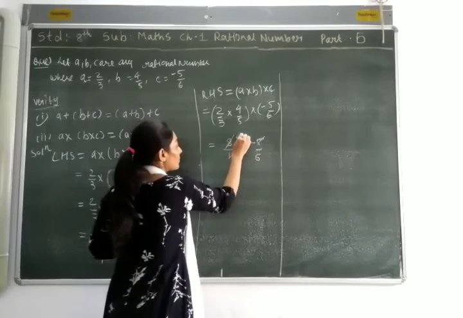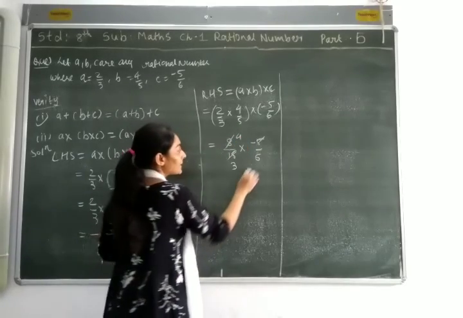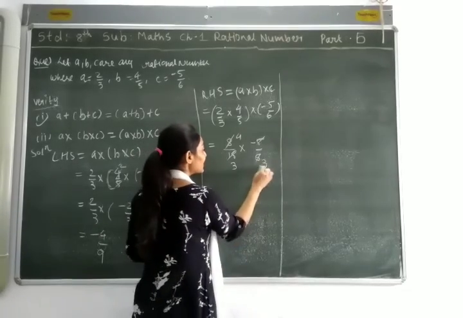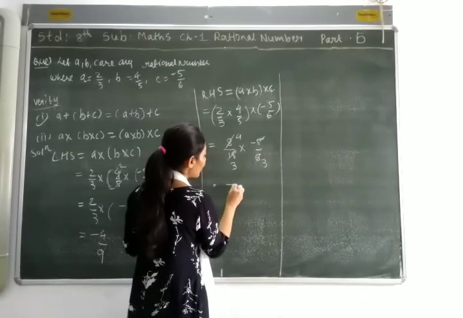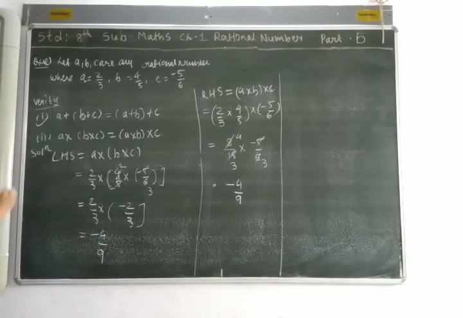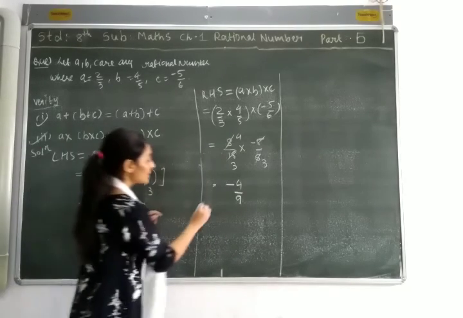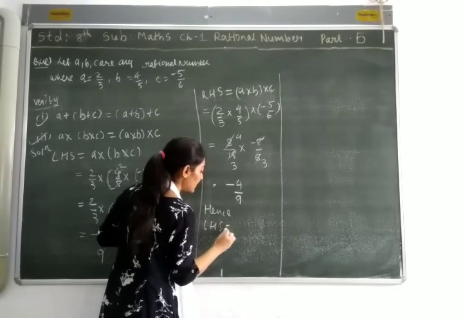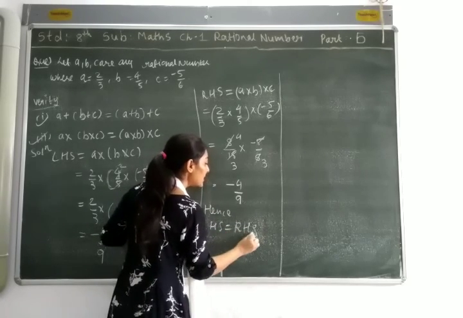Now 4 twos are 8, 6, then 3 twos are 6, gets cancelled. So I am getting minus 4 upon 9. Hence proved that the left hand side is equal to the right hand side.